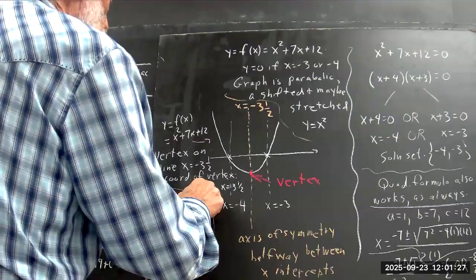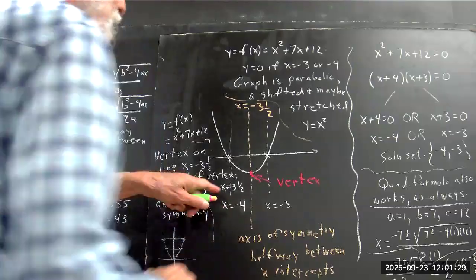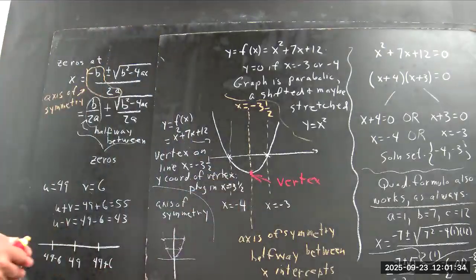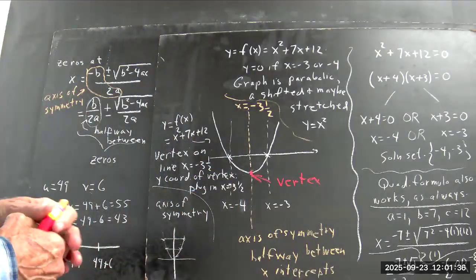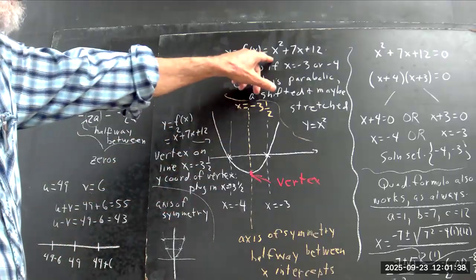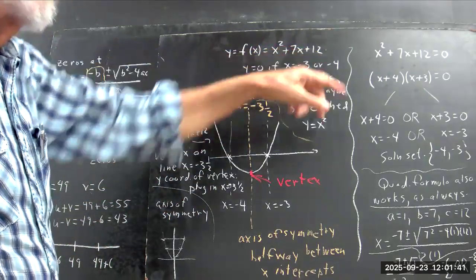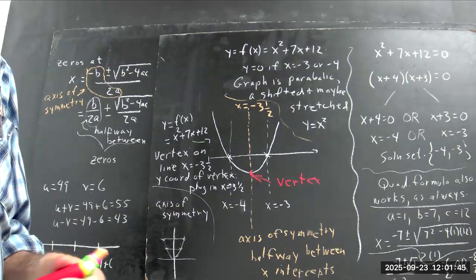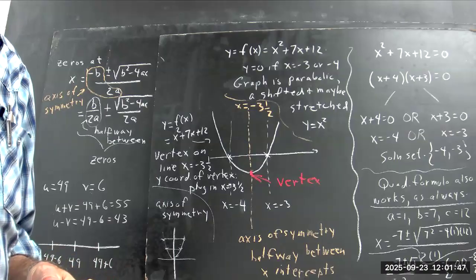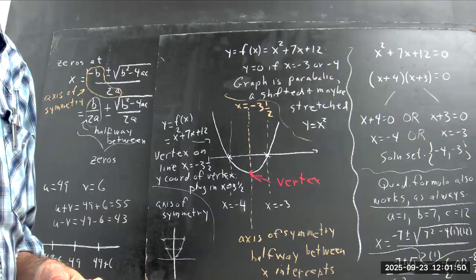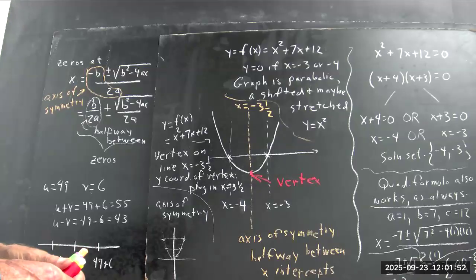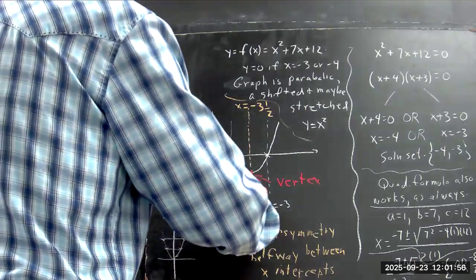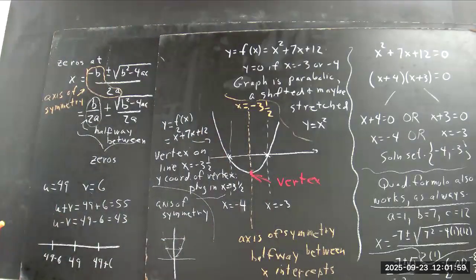To get the y coordinate of the vertex, you just plug in x equals -3.5. Do the arithmetic. You get -1/4. Actually, I didn't do the arithmetic. I'm using what I know about transformations.